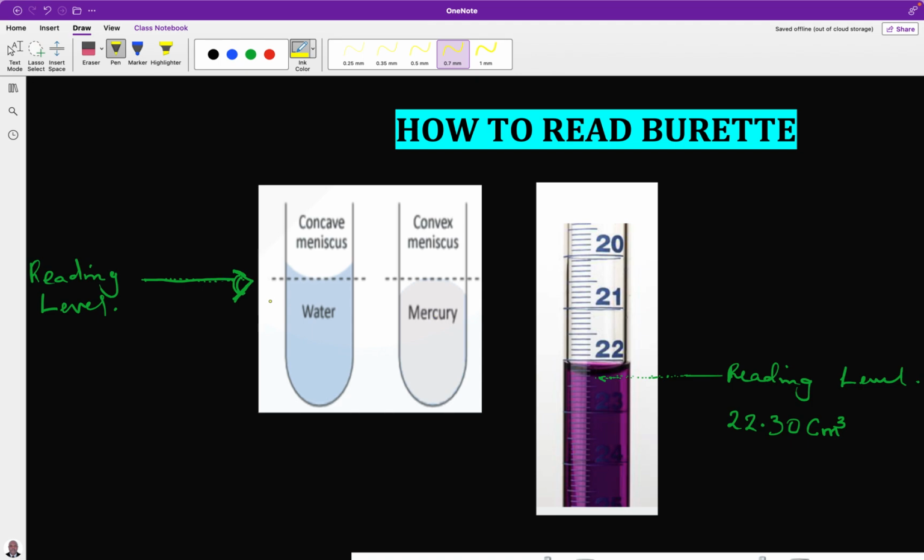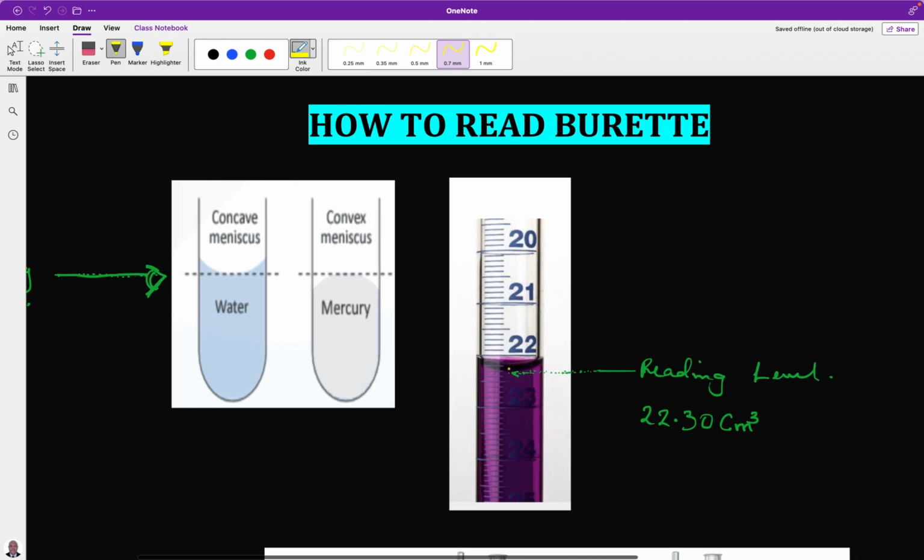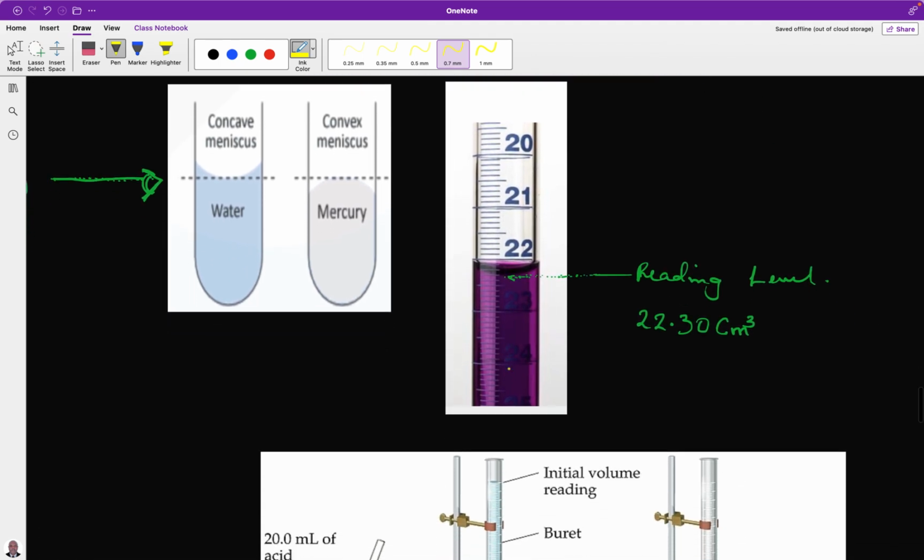But in the case where we are reading a burette, with a solution, what happens is that this is what we call a concave meniscus. The meniscus must sit on the line you read. So, for instance, this is a burette here.